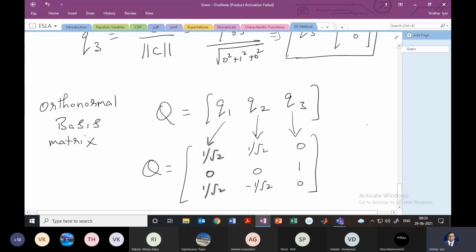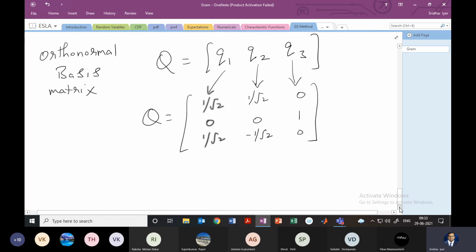Okay. Now, in general, the question goes a little further, that after finding Q, we also need to factorize it. Factorize it how? We need to factorize it in the form A equal to Q into R, right?